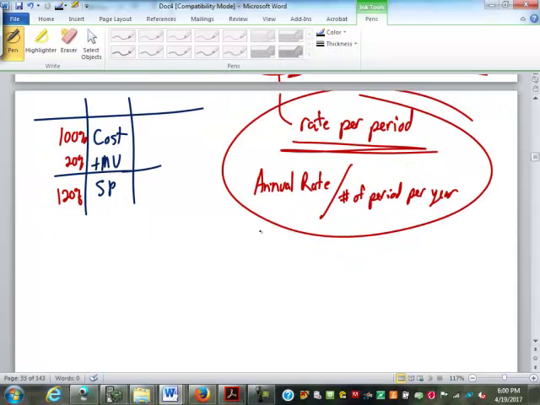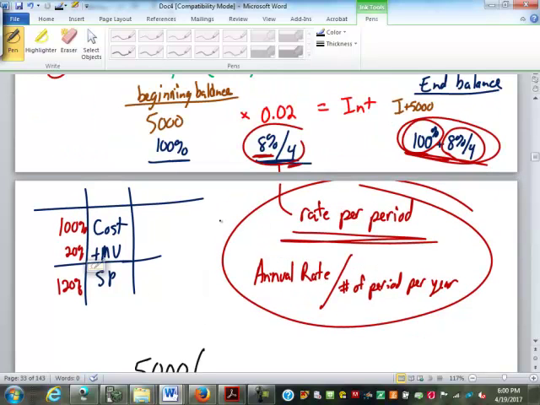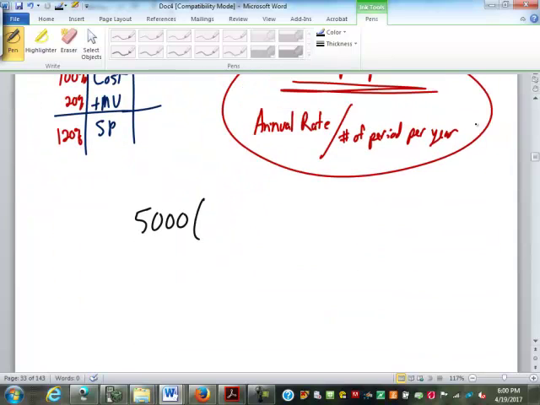So what could have happened here is we could have started with our $5,000 and multiplied by, this is 2% here, so 100 plus 2% would be 102%. So as a rate, 102% is 1.02.